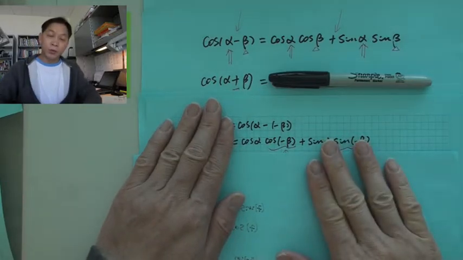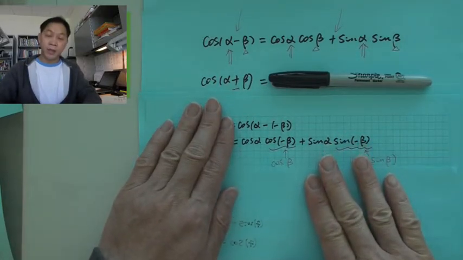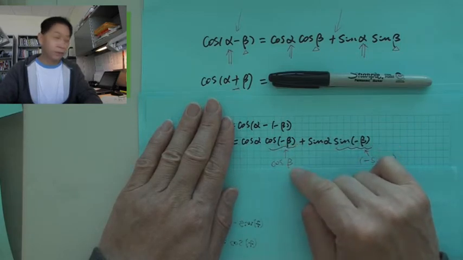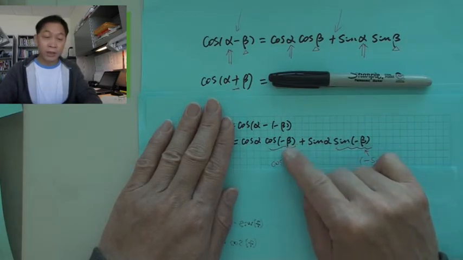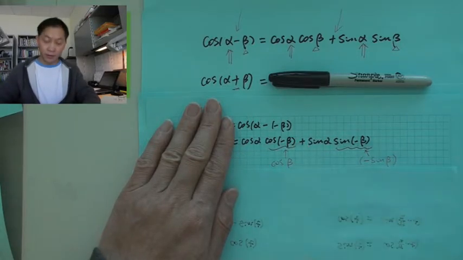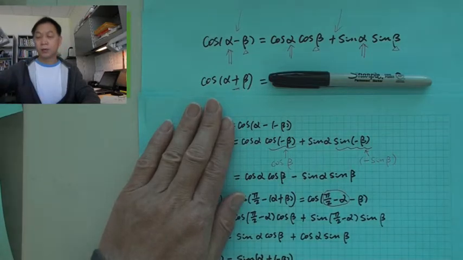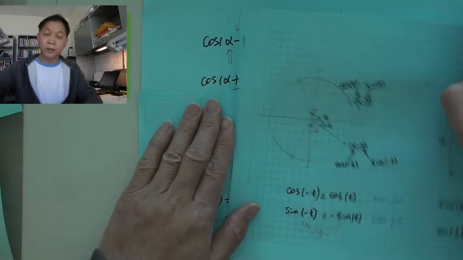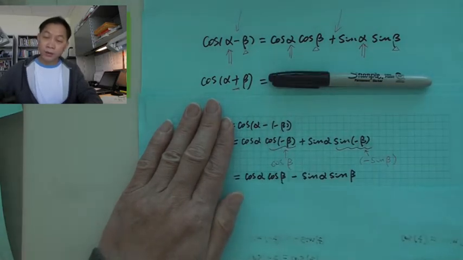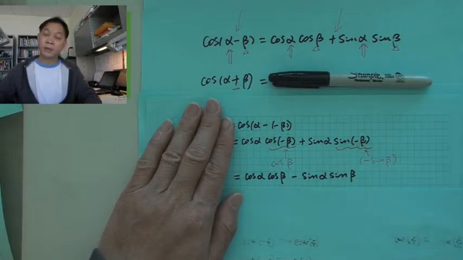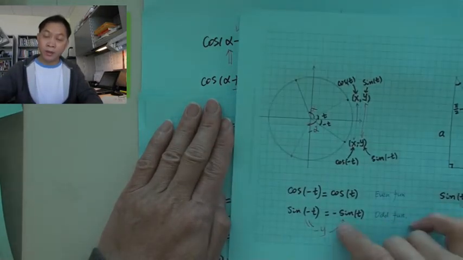Okay, I told you a minute ago that cosine negative beta is cosine beta, because cosine negative t is cosine t. That's the one I wrote down here. And then sine negative beta, the negative sign gets out. That's the one I said here.